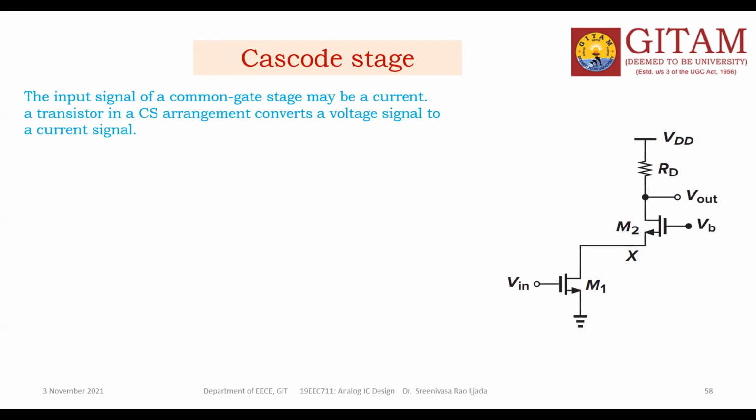In the CS stage, the input is a voltage signal that is converted into current. In the CS, input is voltage, output is current. Clear? In the CG, input is current, output is voltage.